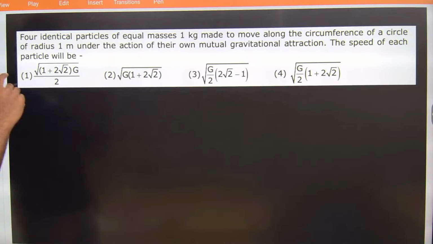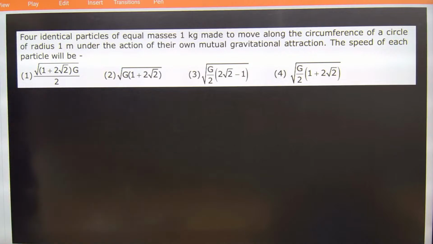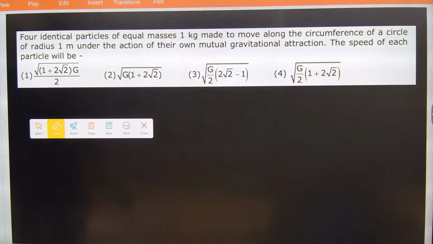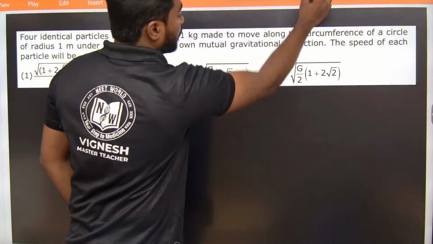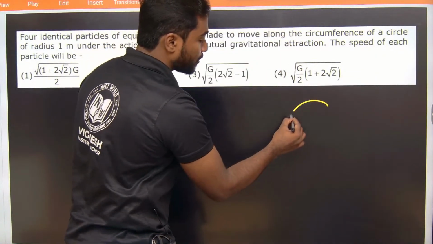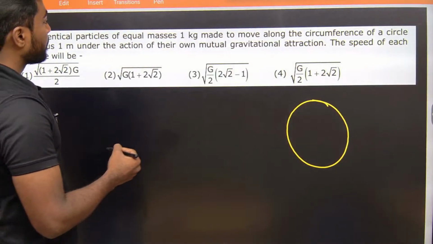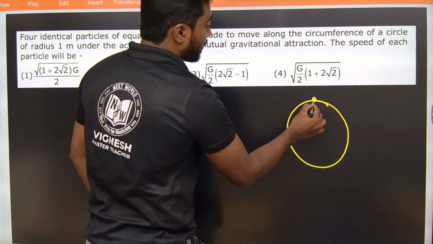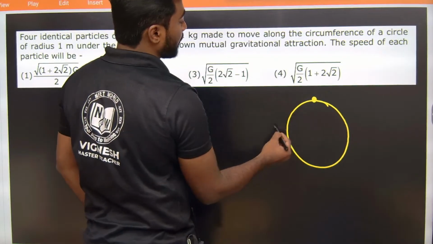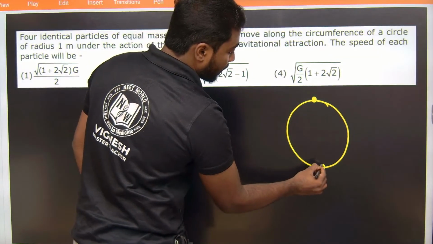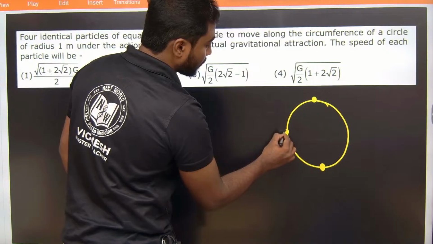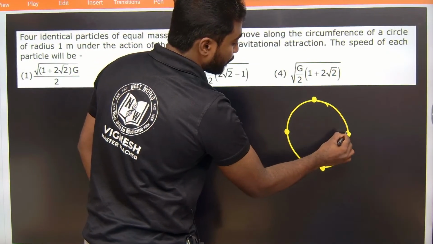Let me consider the diagram. There is this circle, and I take particle number 1 here, and particles 2, 3 and 4.